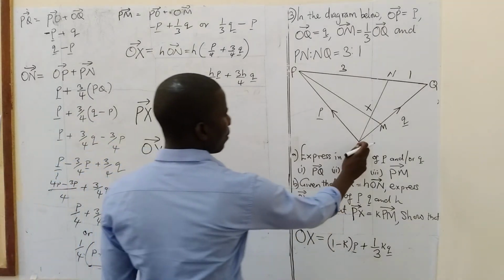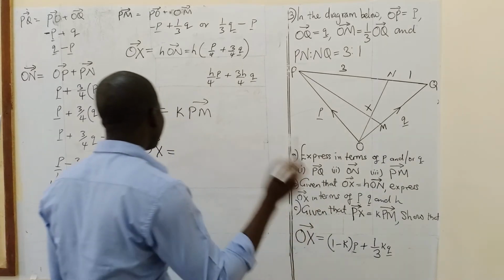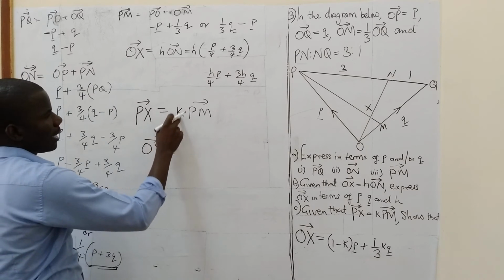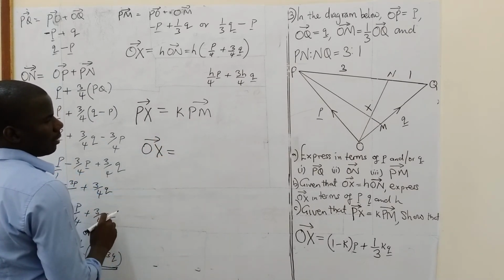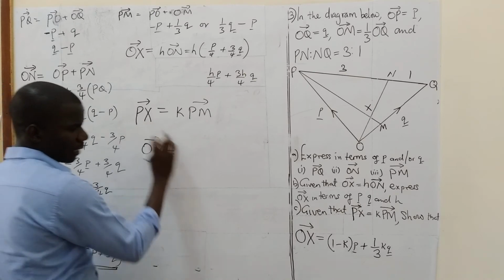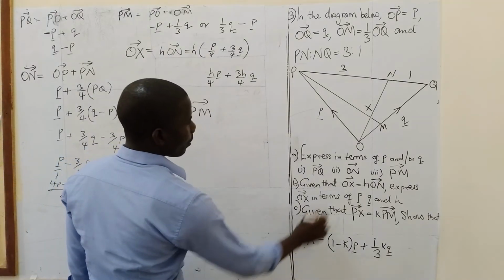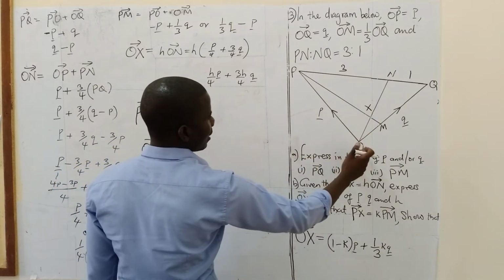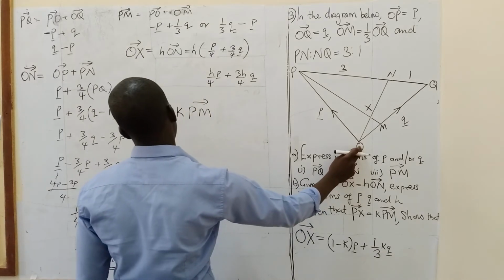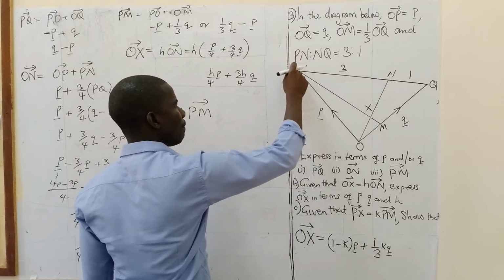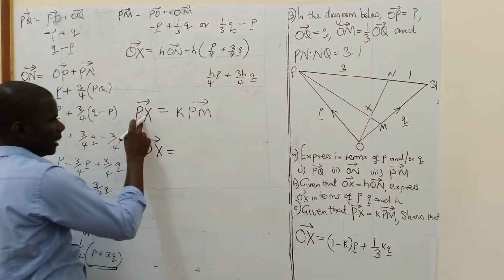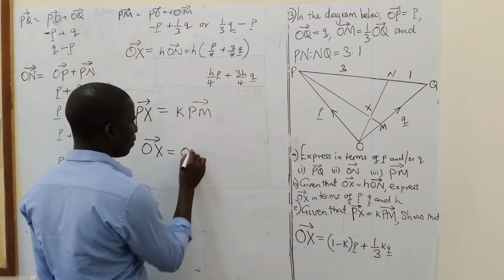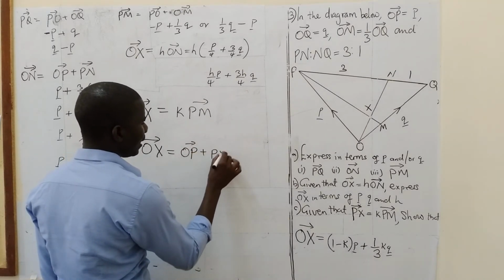So they have given us a hint that for Px we are going to use K and Pm. This is one of the rules that we must use to find OX. Now, you know that OX will just be OP plus Px, which we have been given here. OX is equals to OP plus Px.